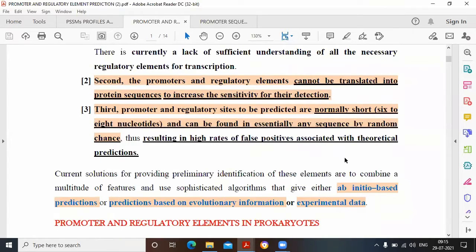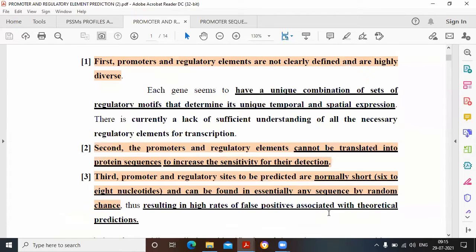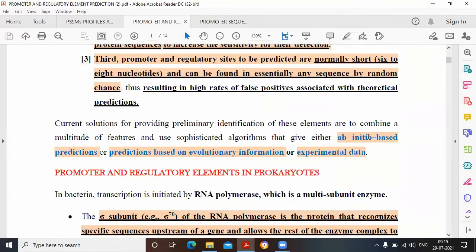By looking at these problems and trying to solve them, they designed three different algorithmic approaches. One is called the ab initio based prediction approach, the second is prediction based on evolutionary information, and the third is the experimental data approach. So these are the three different ways. Different open source software use different methods: either the ab initio based method, or the evolutionary information approach, or some servers use the experimental data approach.